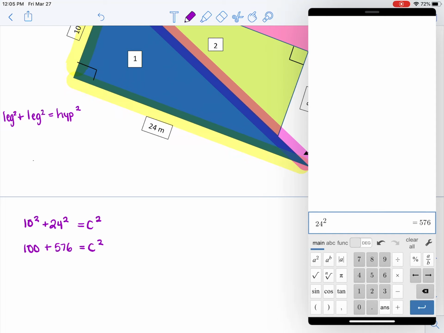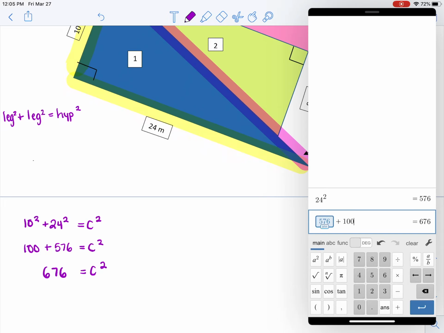So we add 576 and 100, and we get 676 equals c squared. I didn't need a calculator for that, I guess.